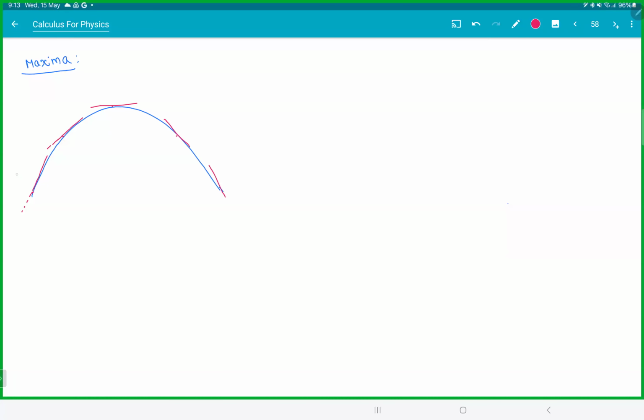That means the slope is positive, less positive, 0, negative, and more negative. So from left to right, slope decreases. And at maxima, the turning point, the slope is 0.